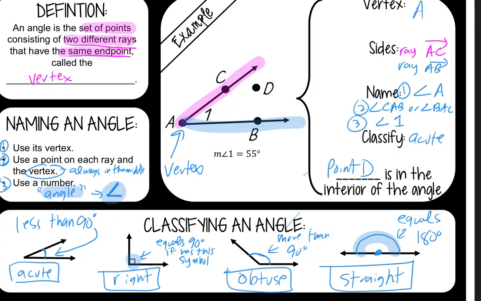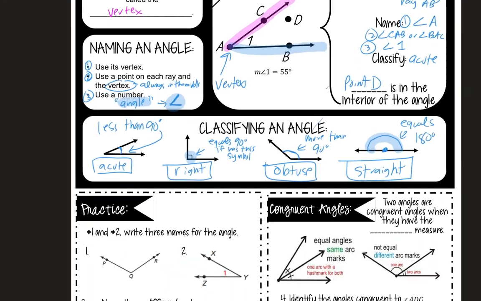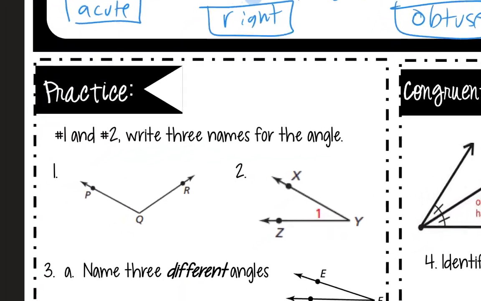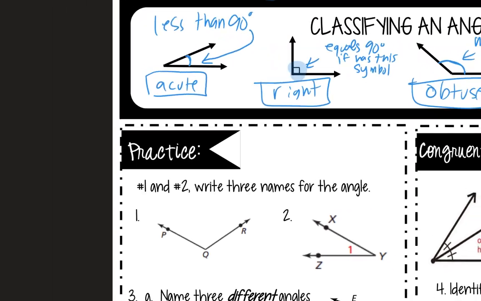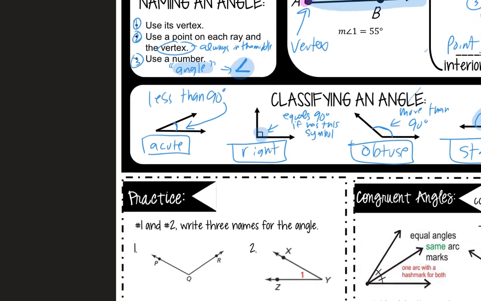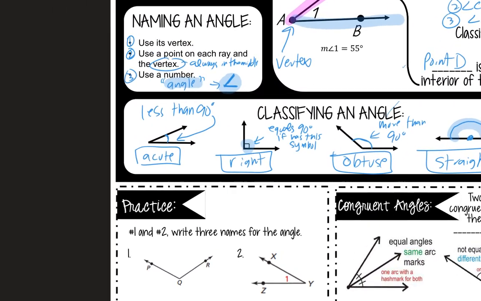All right, so let's get right into some further practice. Let's look right over here. It says on number 1 and 2, write 3 names for the angles. So 3 names for each angle. On angle number 1, remember the first way is by using its vertex. The vertex is the corner.